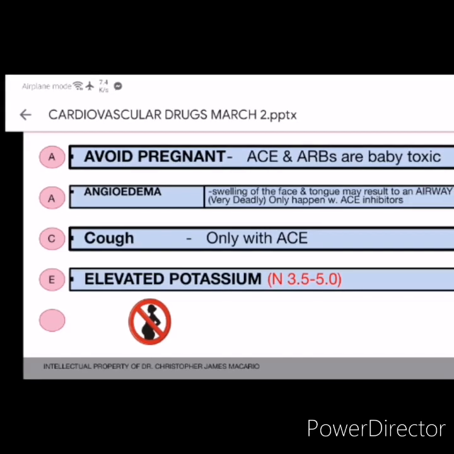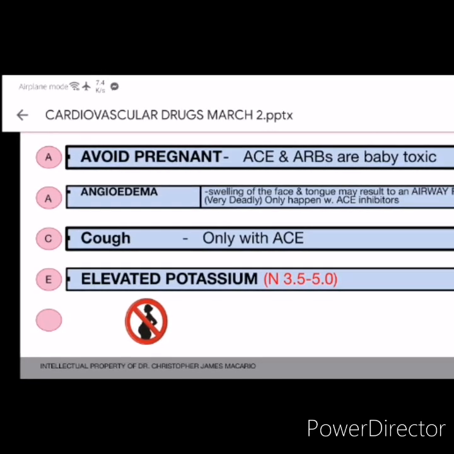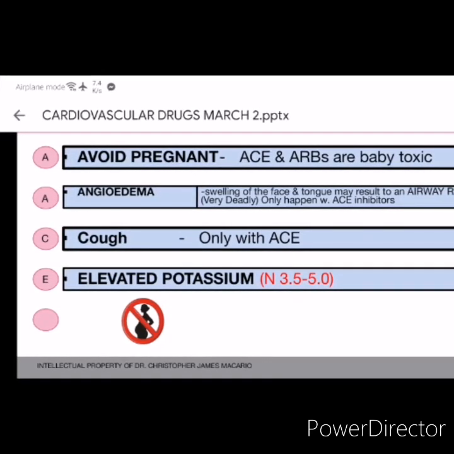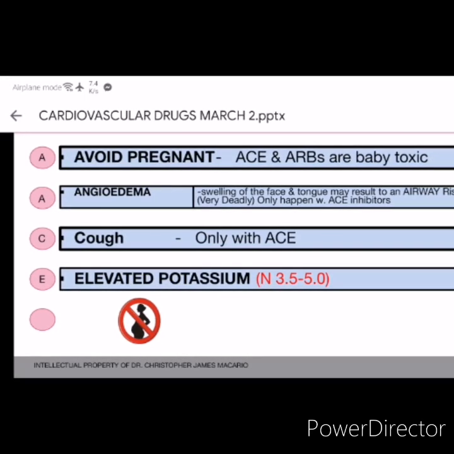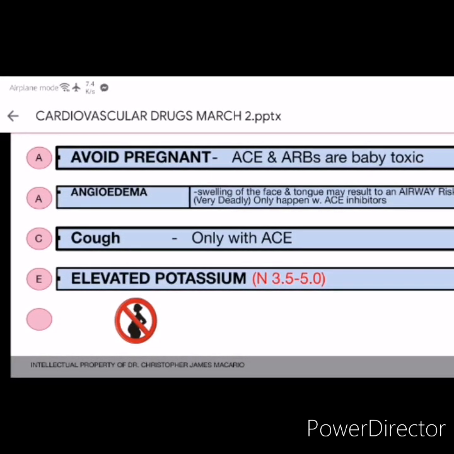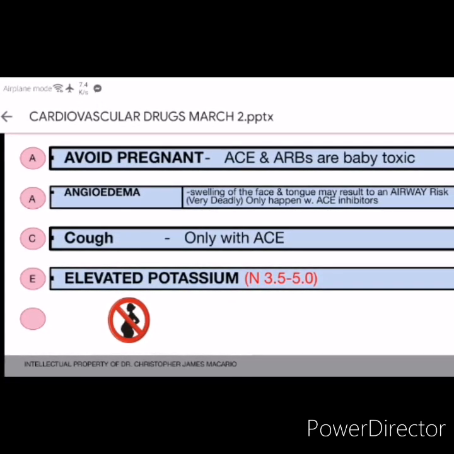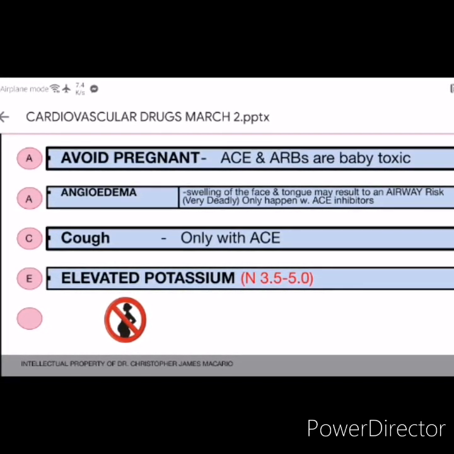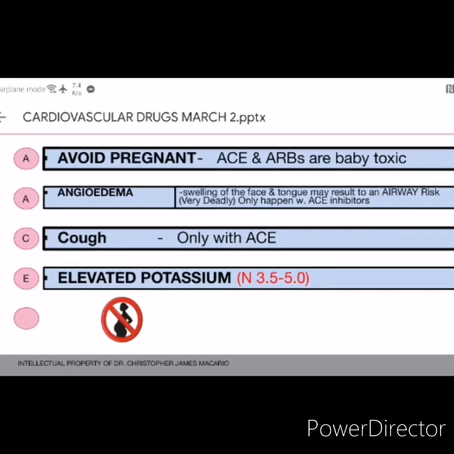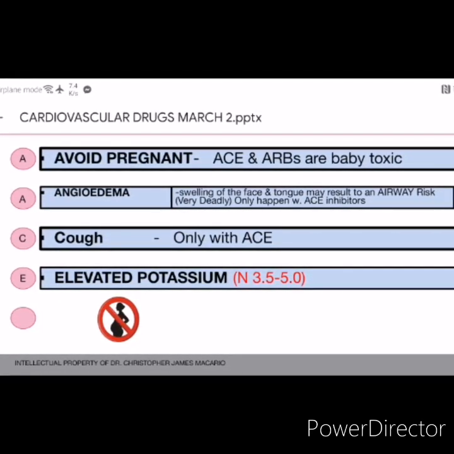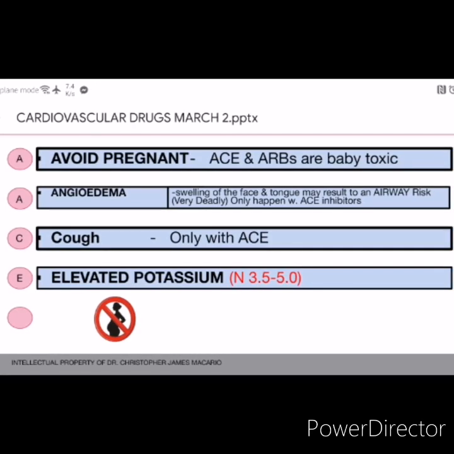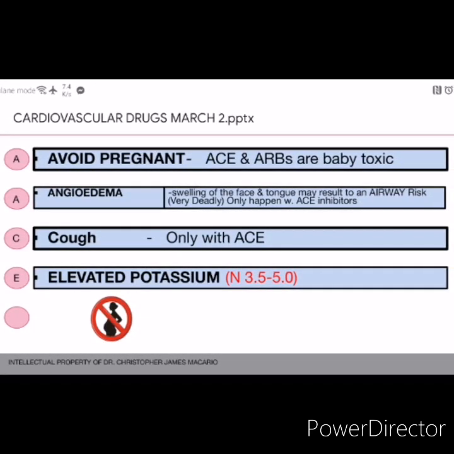Just remember, ACE and ARBs precaution is AACE, avoid pregnant, because ACE and ARBs are baby toxic. Remember, there is angioedema. So, pagka merong angioedema, it's a risk for airway. So, check your patients. Okay?